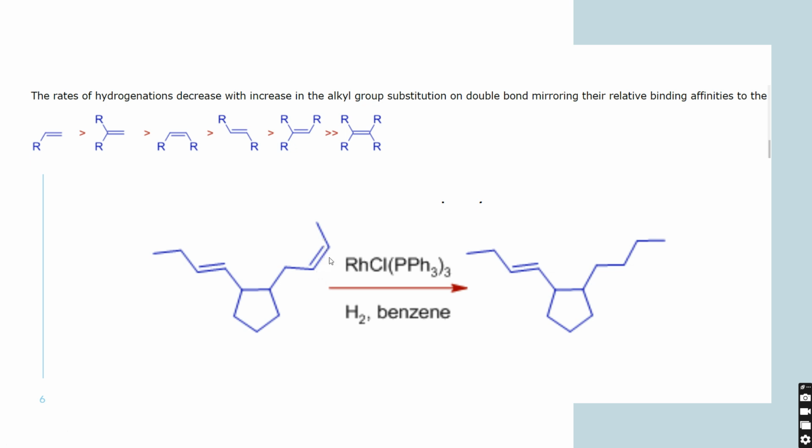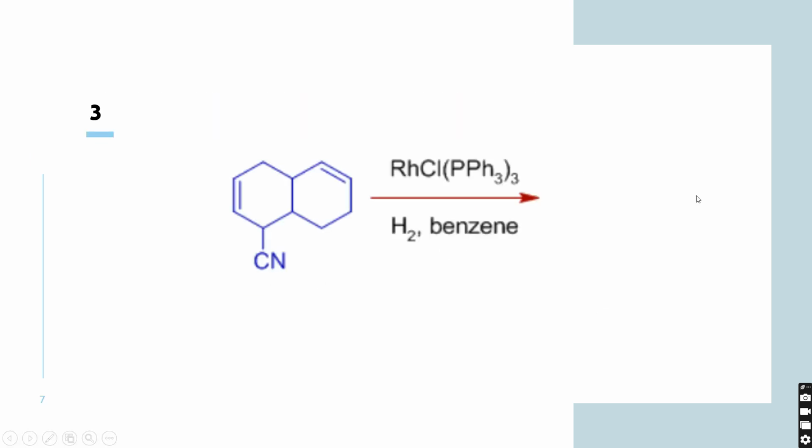I hope this is one easy question. Let us move to some more questions. This is again another question from the same topic, which is Wilkinson catalyst. Again, you have two double bonds present here in the two rings.